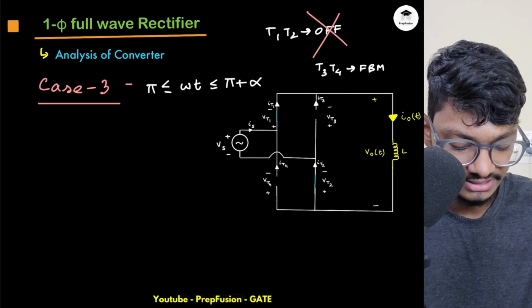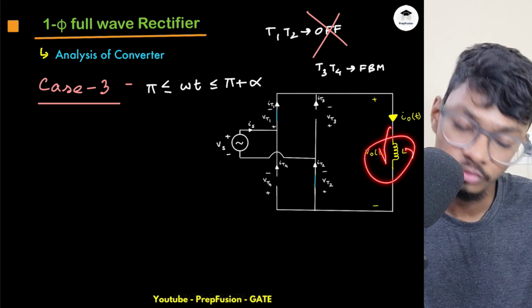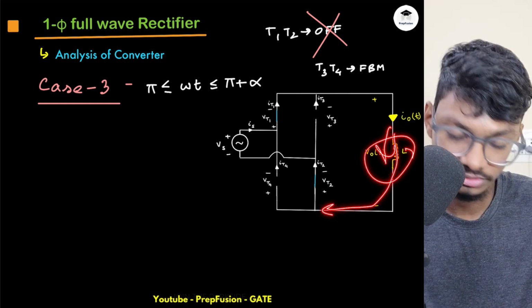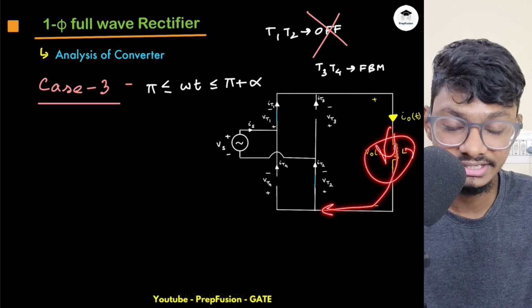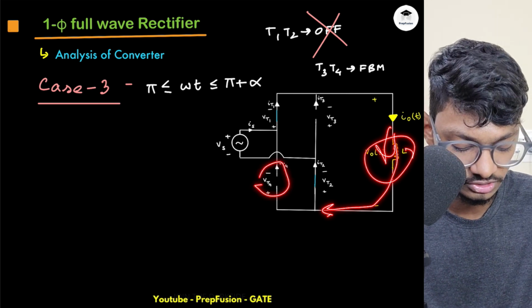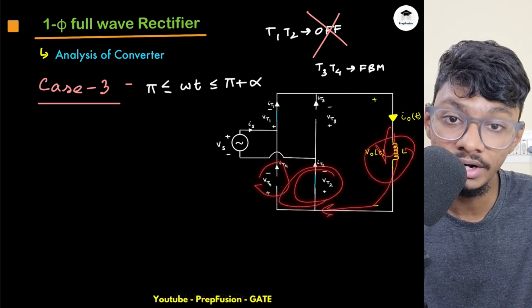But what will happen is that this inductor will try to flow the same current, so it needs some path of current, right? So this T4 is off, so it will keep this T2 on. How will it keep it on?